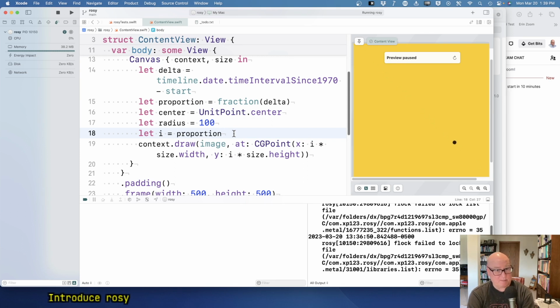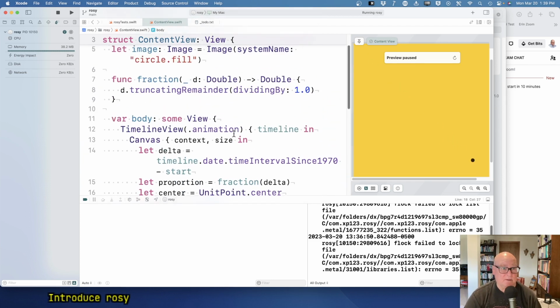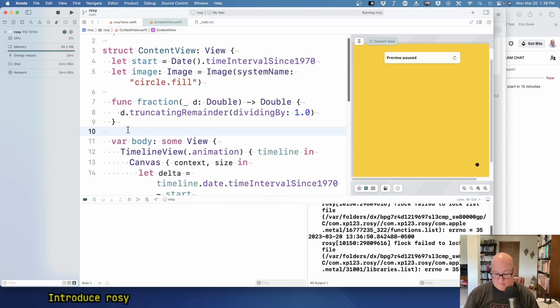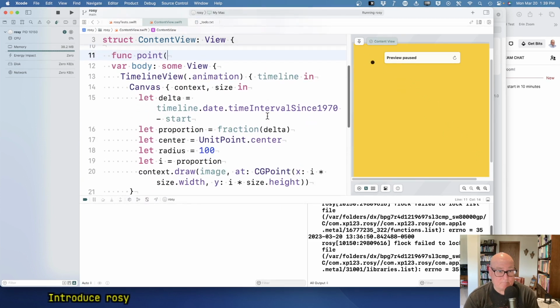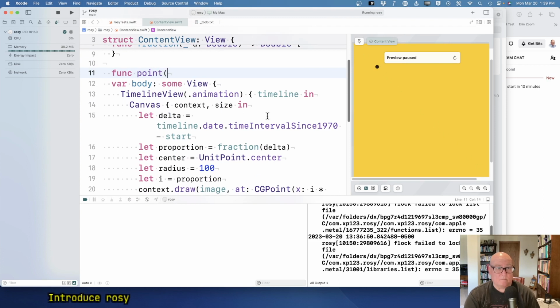So I should be able to place this point. Let's define a little function for that. Func point for, well, let's call it R is a double.